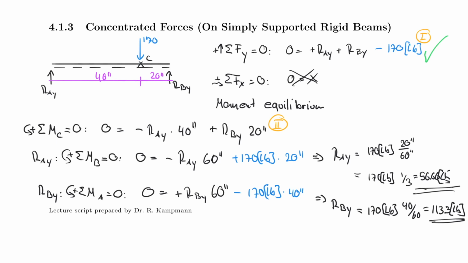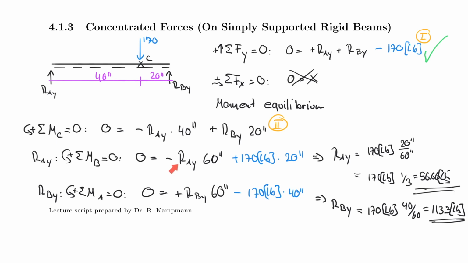What we need to understand here is that we used the sum of the moments about point B, so about this point, to make RBY disappear from our moment equation as we had it set up here before. That was one thing we need to understand. The other thing is the rotational sense that we define here really defines the sign.